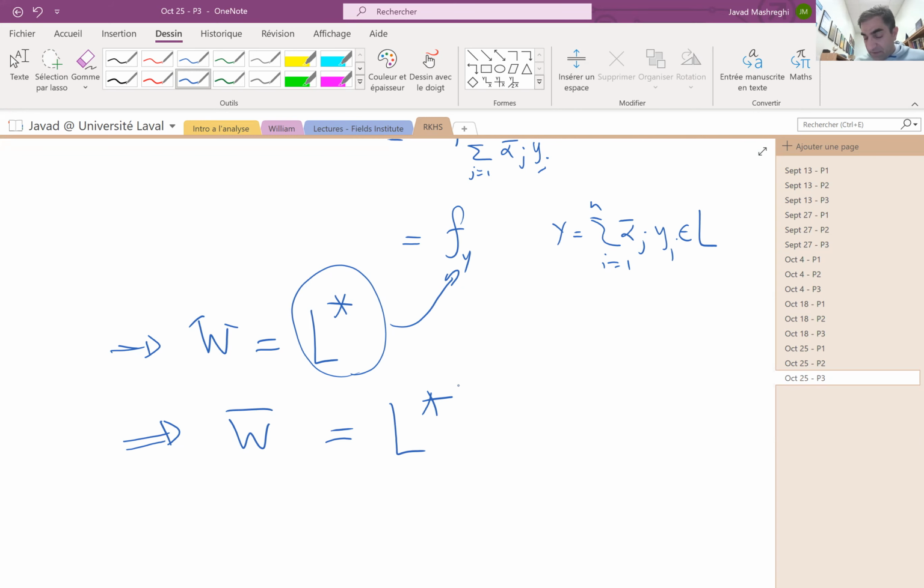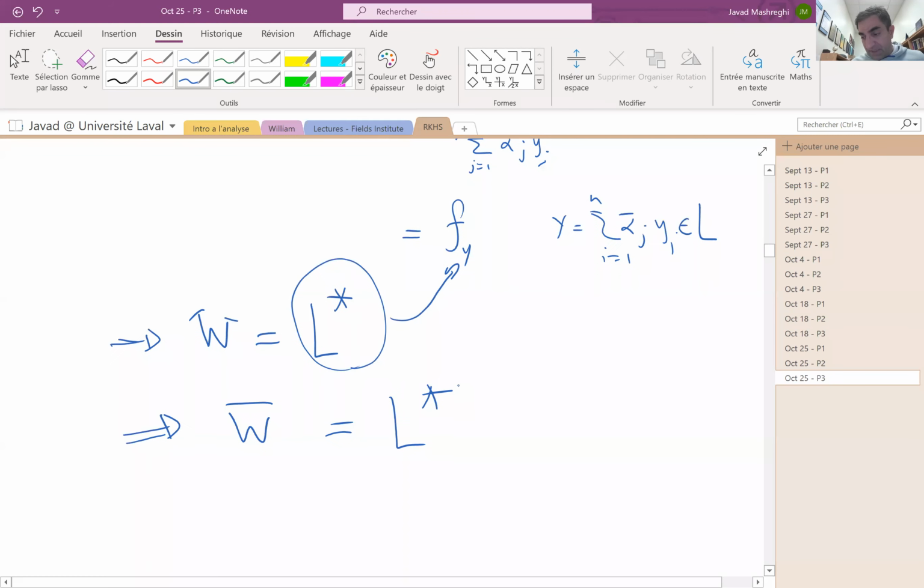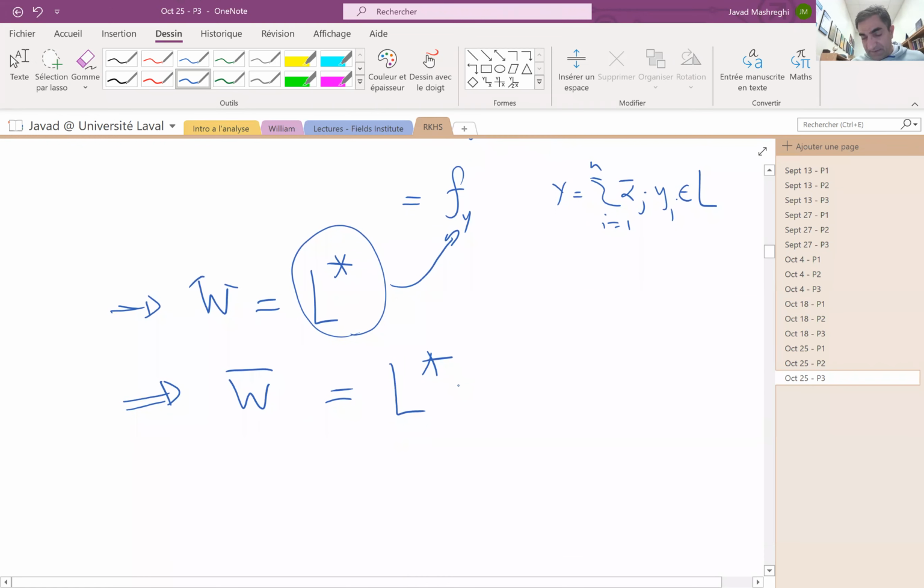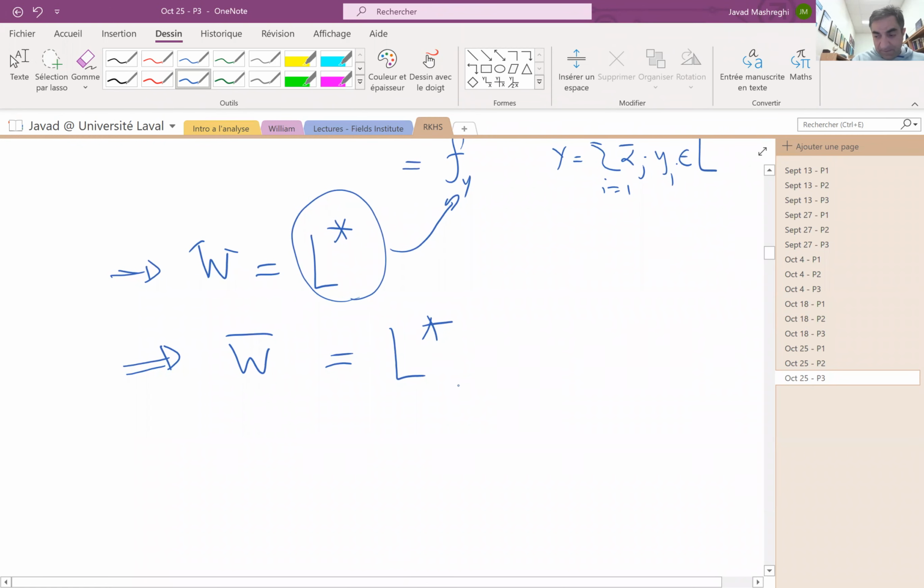So we have this. In the infinite dimensional case, here is the way to do it. What is the inner product of f_{w1} and f_{w2} in K?